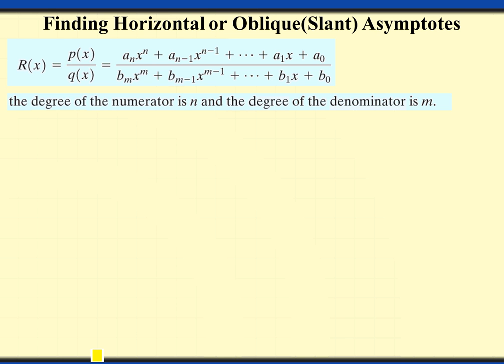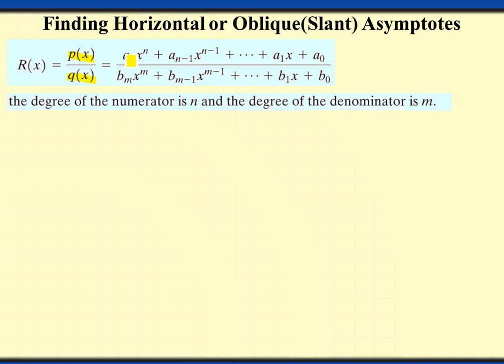Now, there's an awful lot of stuff that we see overhead. It says finding horizontal or oblique asymptotes, which is the same as slanted asymptotes. First, we're going to concentrate on finding horizontal asymptotes. This is just to illustrate that we have a polynomial divided by a polynomial.